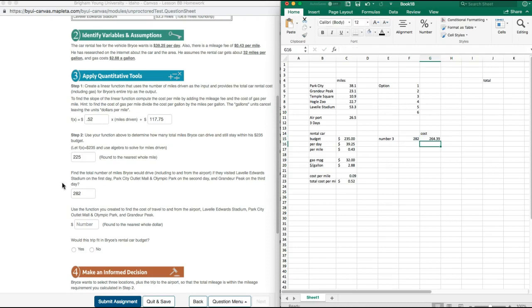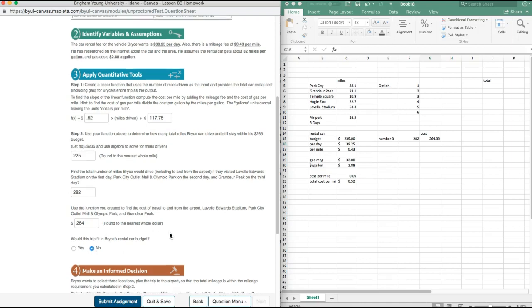And we end up with a cost of, to the nearest whole dollar, not the nearest cent, 2.6, and the 3 does not raise the 4, so 264. I probably should not have erased my 117. That was my mistake. The last thing is, would this trip fit into Bryce's rental car budget? His rental car budget was $235, so nope, this one does not work.